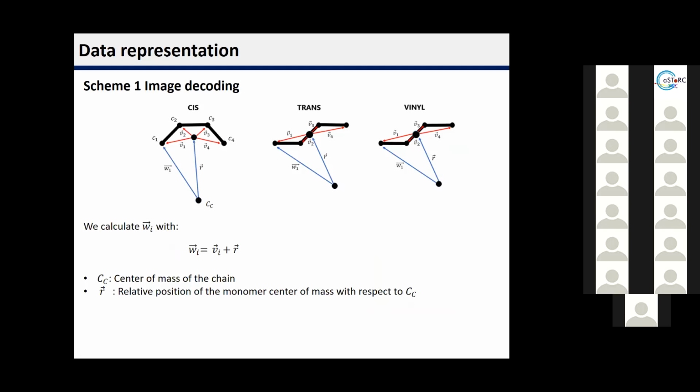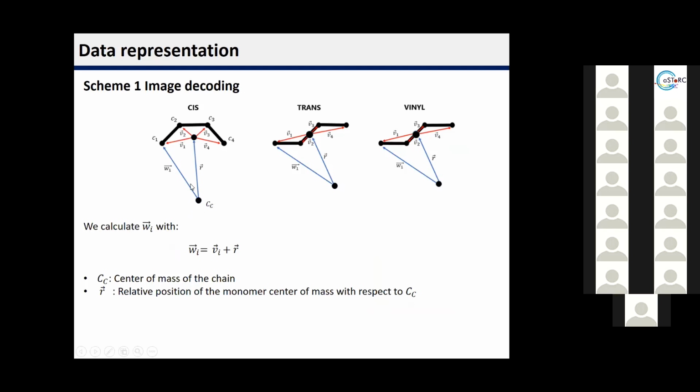Now for the decoding procedure. Essentially, we mean the calculation of the WI vectors, which are the reference coordinates with respect to the chain center of mass. Actually, this is pretty simple to calculate.